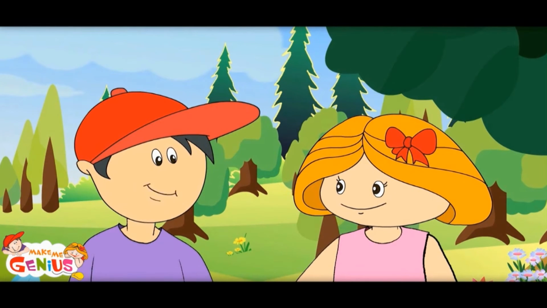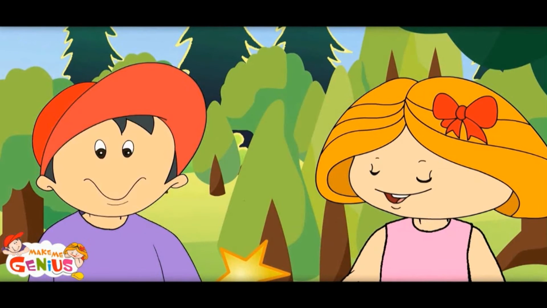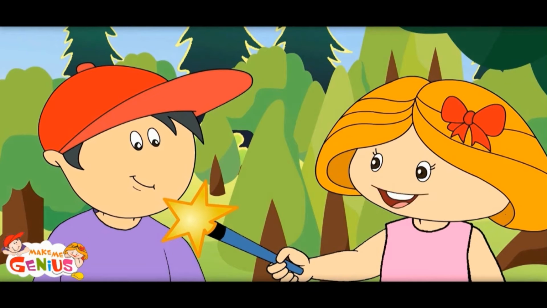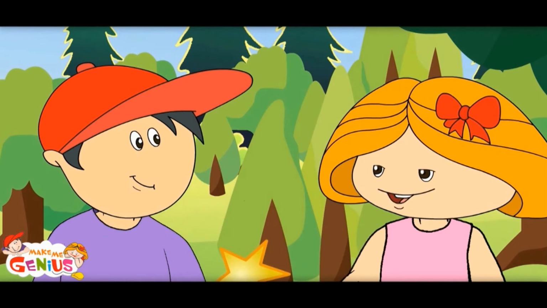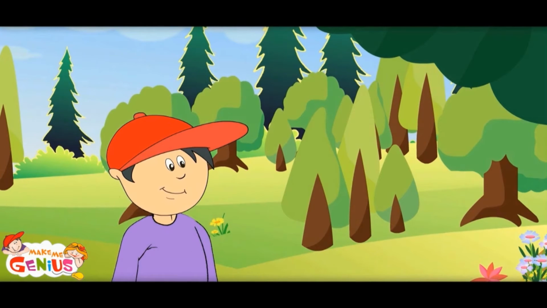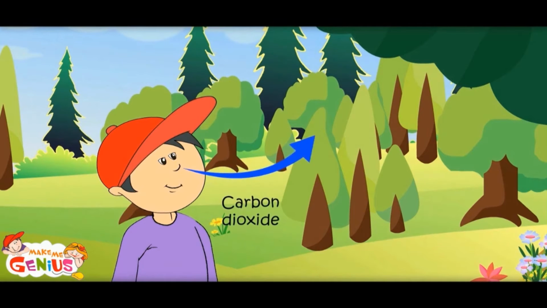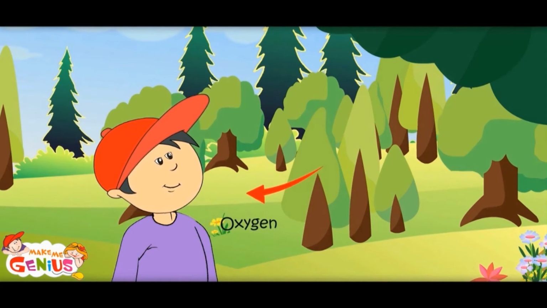Where does this air go in the body? Oh, this is called the respiratory system. When you breathe in, the oxygen goes inside, and when you breathe out, the air, which has gone dirty, comes out of our body. Oh, I know that air is called carbon dioxide. Yes, let me show you. You see these colors? Blue air is the dirty air coming out of your body, and red air is clean oxygen going in your body.